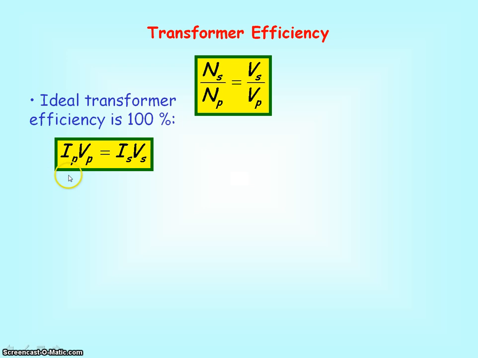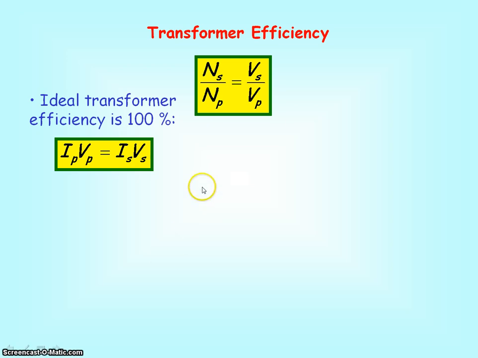This being the input power and this is the output power. So for 100% efficiency, if the voltage is stepped up by a certain ratio, then the current must step down by that same ratio to keep the total power the same.